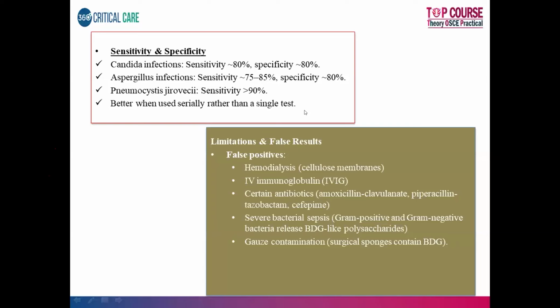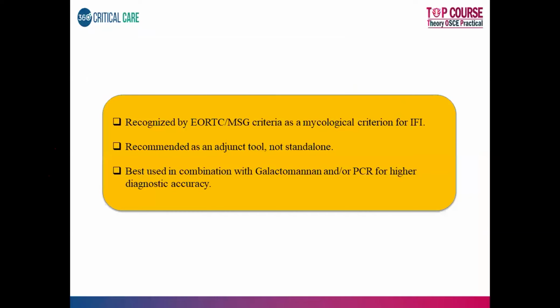So severe infections may cause false positive results, and so can any gauze contamination. All these cause false positive results. False negatives: cryptococcus and your mucorales, which I have already told, and early infection or any localized disease.